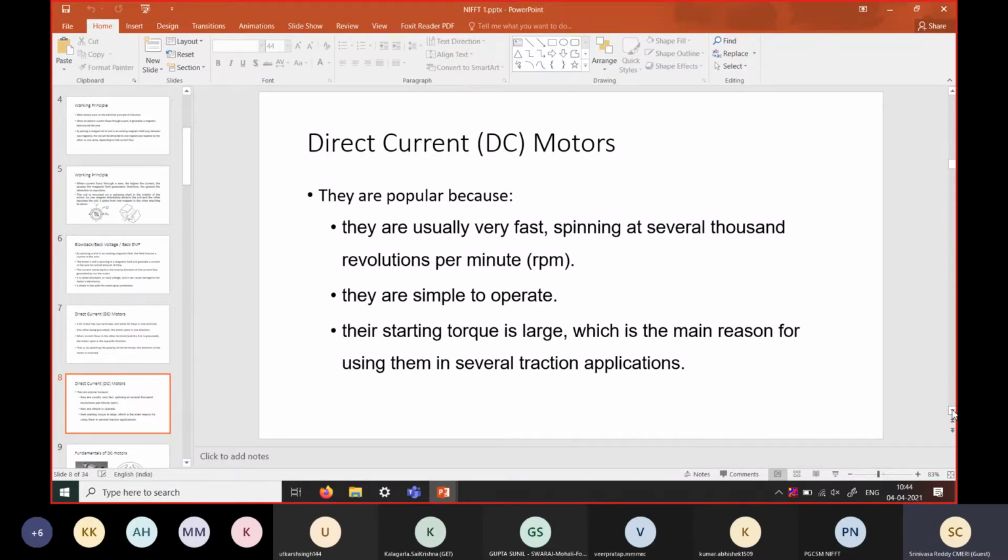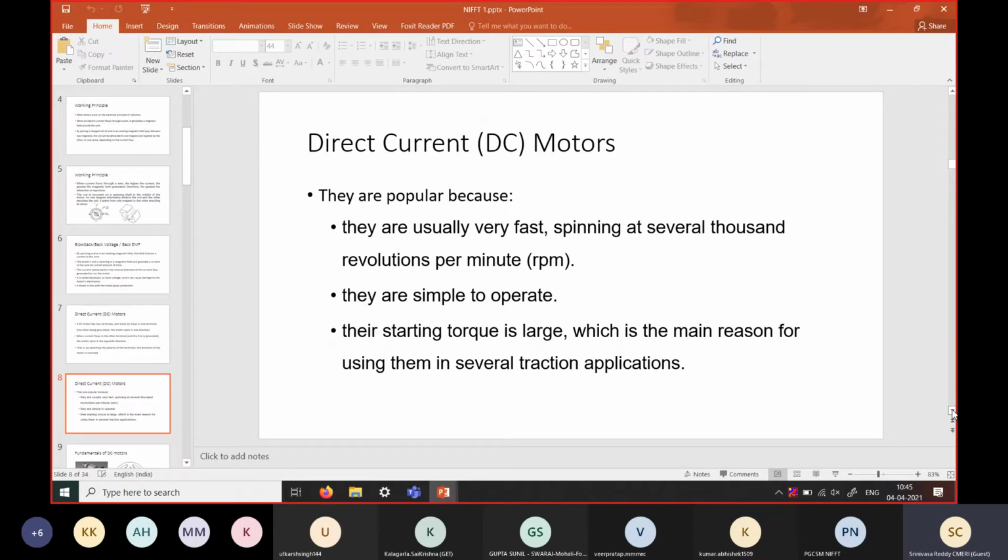When the voltage is increased, that results in increasing the speed of the motor, and when the amount of current is large, the torque supplied by the motor is also large. Also their starting torque is very large, so in cases where a high starting torque is required, DC motors are used.